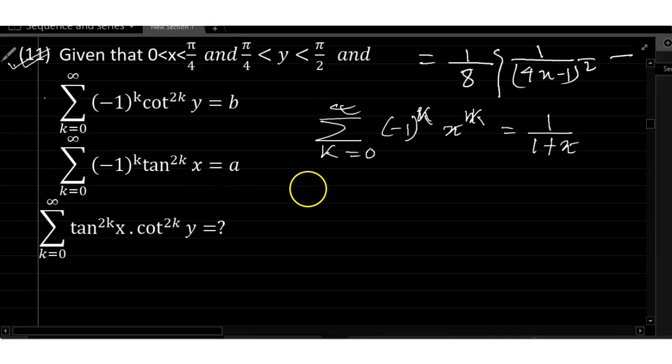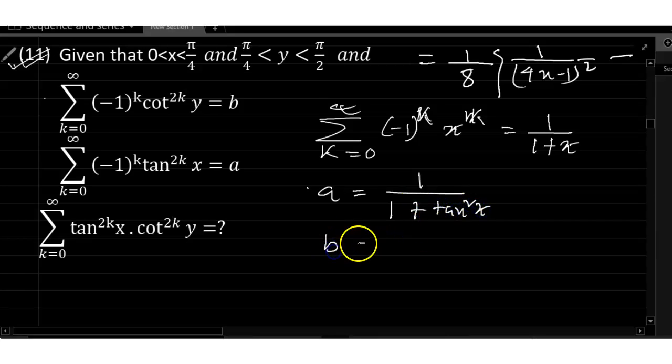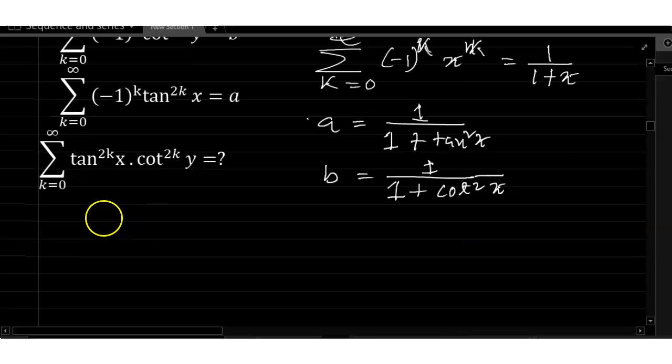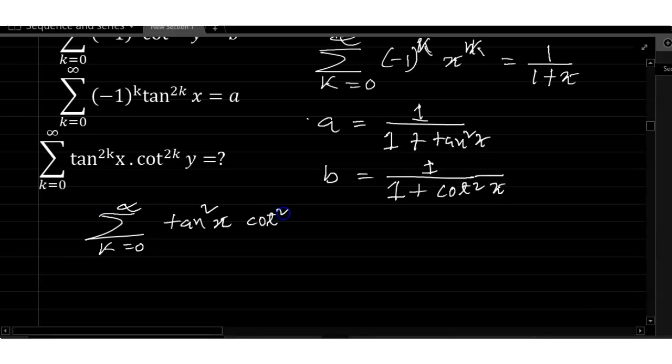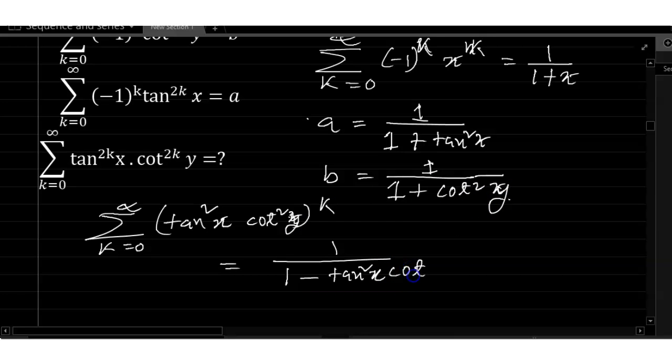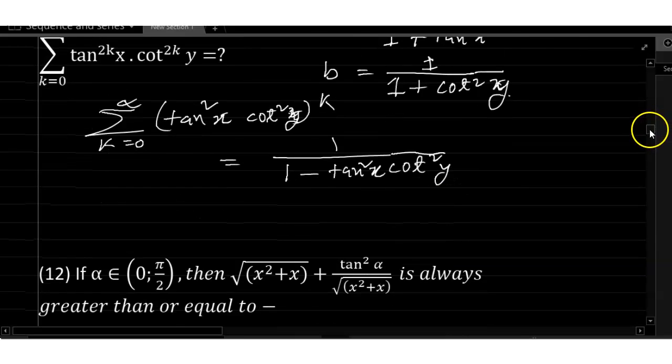So the first sum a equals 1 divided by 1 plus tan square x, and b equals 1 divided by 1 minus tan square x cot square y. Sorry, it is cot square y.